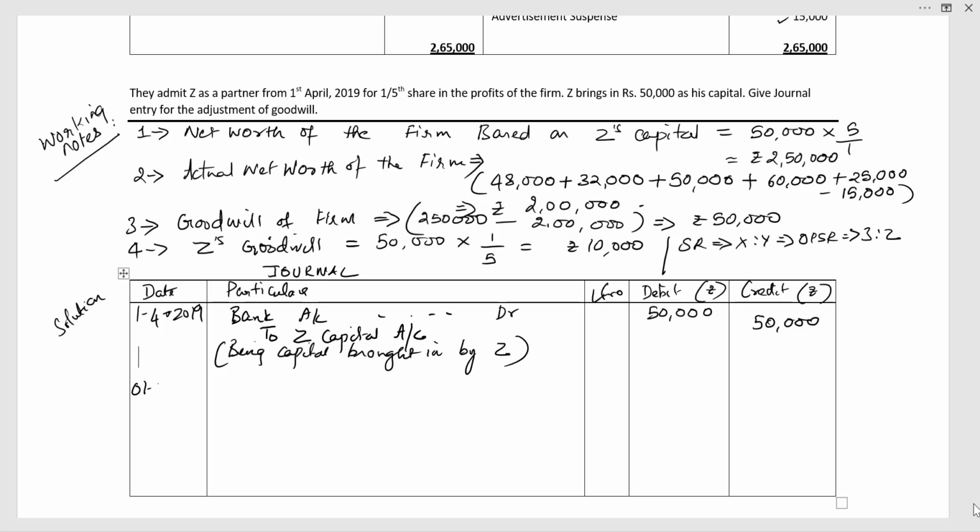Next journal entry, same date, 1st April 2019. Z's share of goodwill is 10,000. He does not bring it in cash. We'll adjust it through his current account.